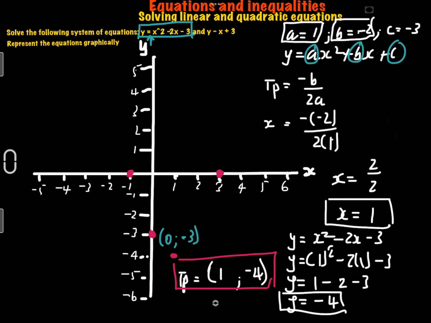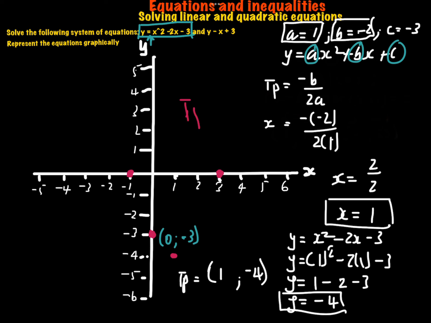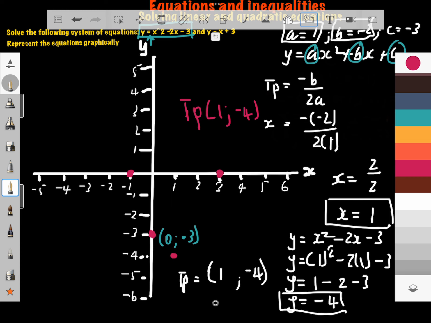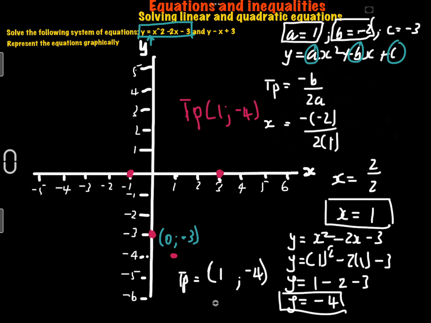Okay. So now I found, in fact, let me actually do this. So the turning point, TP, has x is 1 and y is -4. Okay, so I'm going to need that space to highlight that.